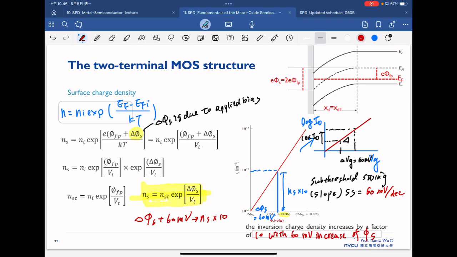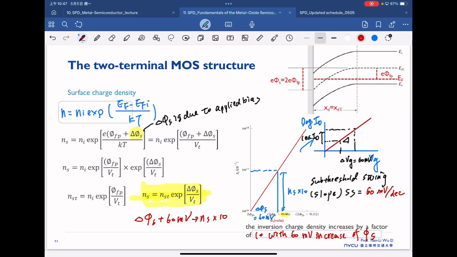So this information becomes very crucial, because if you have already worked on some transistors and really care about the subthreshold swing or slope, then you probably will notice that everyone talks about the bottleneck: the lowest SS that can ideally be achieved is 60 millivolt per decade. We are not able to achieve below 60 millivolt per decade. And why 60 millivolt per decade?